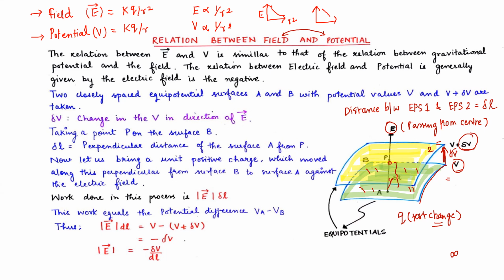Coming to point number 1, the relation between electric field and potential, that is E and V, is similar to the relation between gravitational potential and field. Gravitational force does create a field and a potential, as we have read in class 11th. In a similar fashion, V and E for electrostatics are also related.